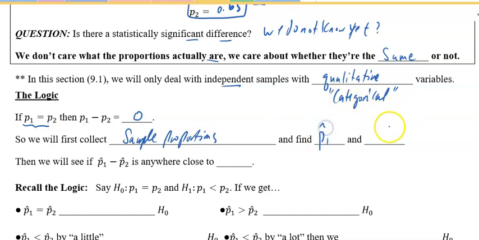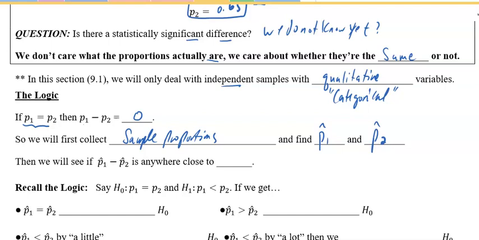From the first population, we call it P1 hat. From the second population, we call it P2 hat. Voting. We'll get a sample of women, figure out the proportion that says yes, we will vote, get a sample of men, figure out the proportion of the men that are going to vote.